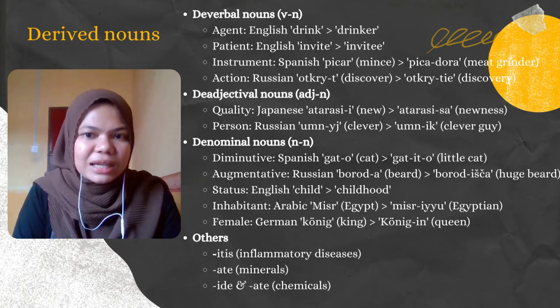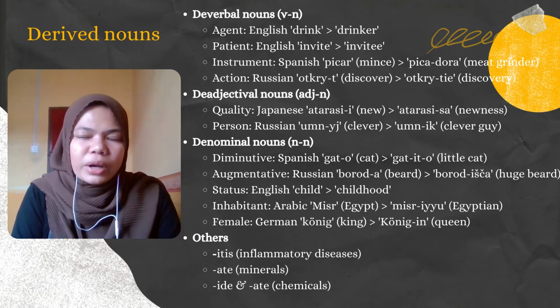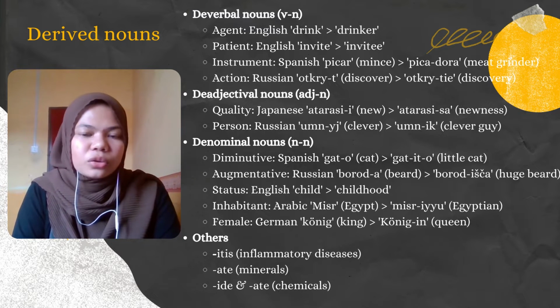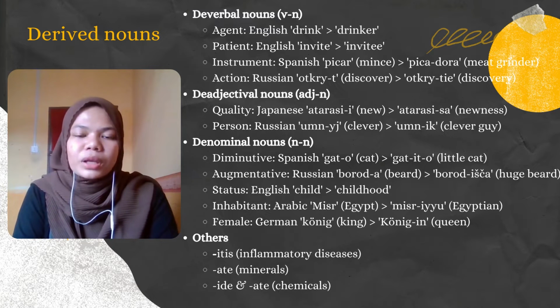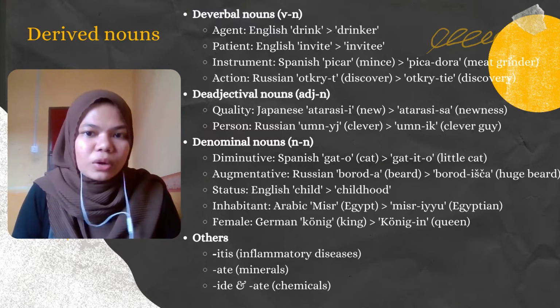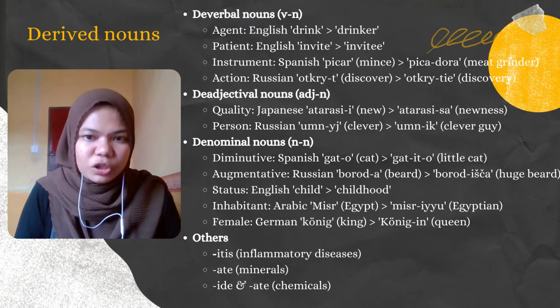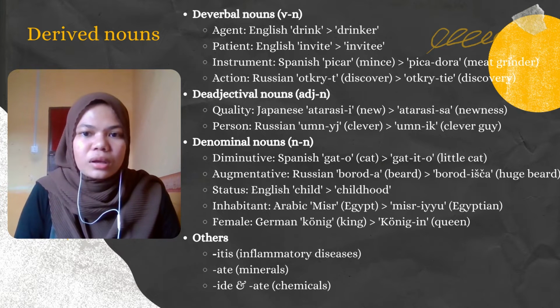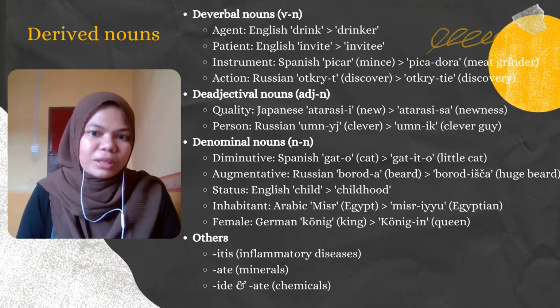Next, we have the adjectival nouns where they added morphemes to the adjectives to form quality nouns and person nouns. Next, we have the nominal nouns, which are diminutive nouns, augmentative nouns, status nouns, inhabitant nouns, and female nouns.